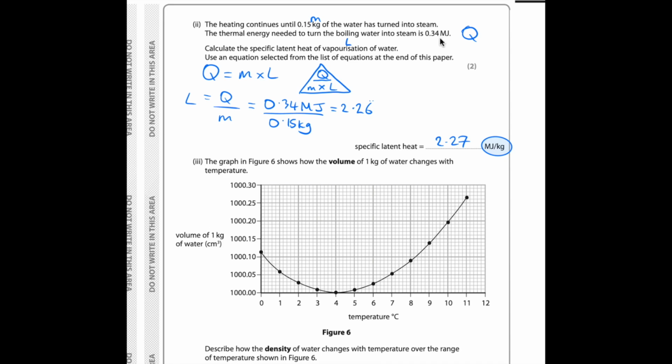So if you literally took those megajoules and divided by that kilogram, that is basically what you needed to do. So you could save yourself the hassle of looking the equations up. Now that doesn't work all the time, but it is a good tip to help you sometimes. Because if we did megajoules divided by kilograms, that's exactly what they were looking for.